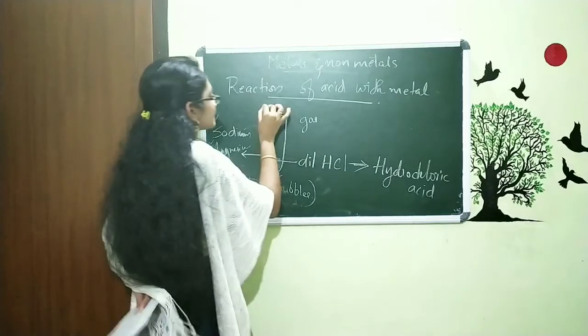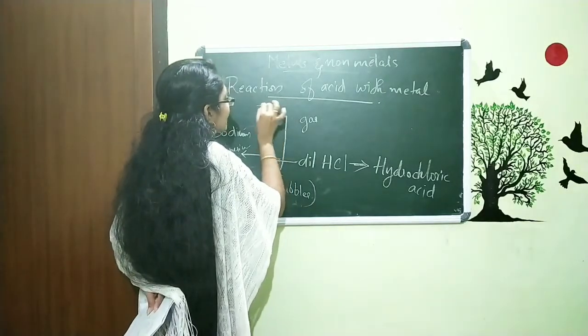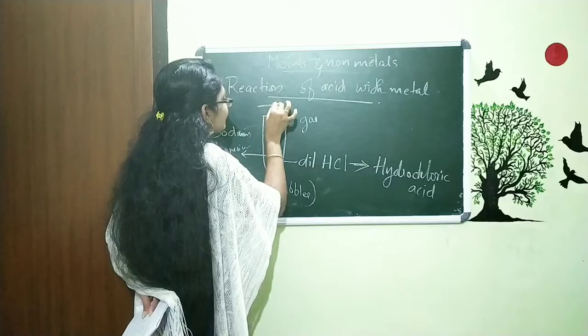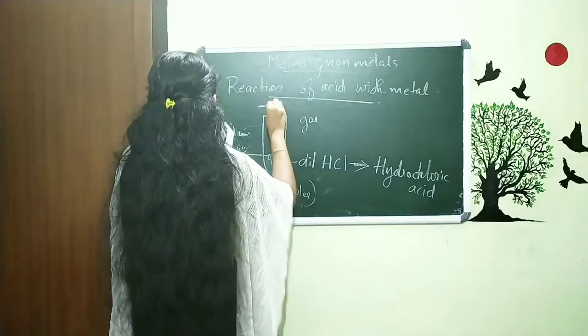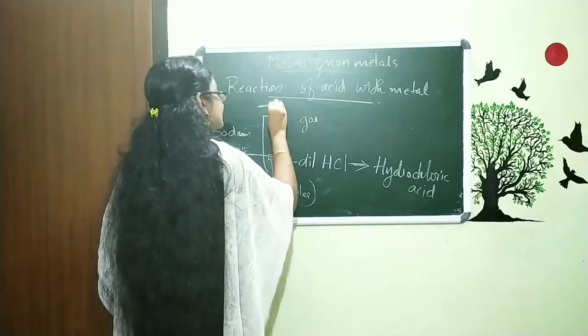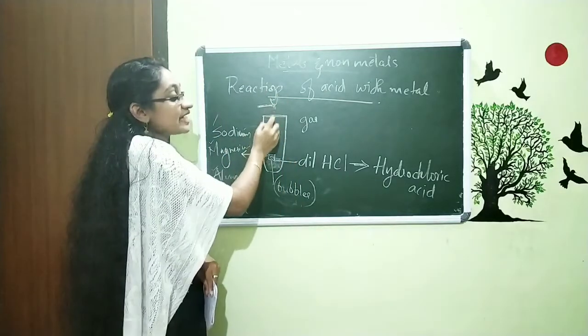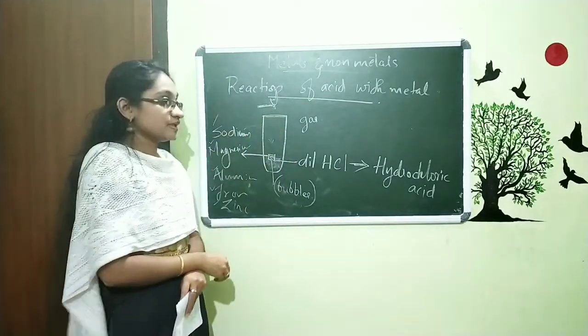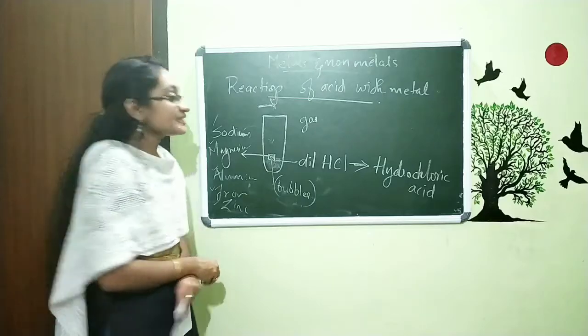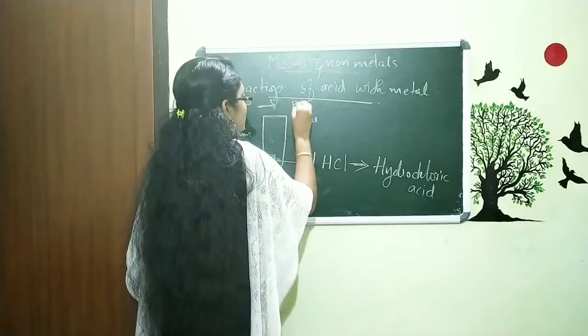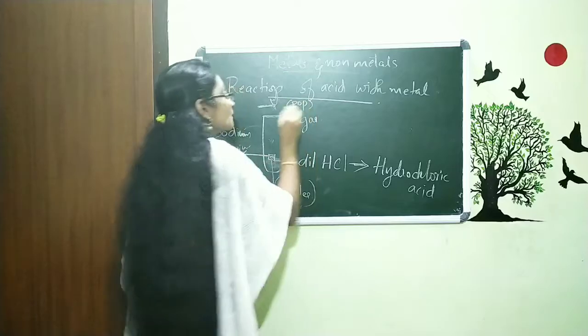For that, I am just doing one thing. I am taking a burning matchstick, and holding this matchstick at the mouth of this test tube. Then you can hear a pop sound.